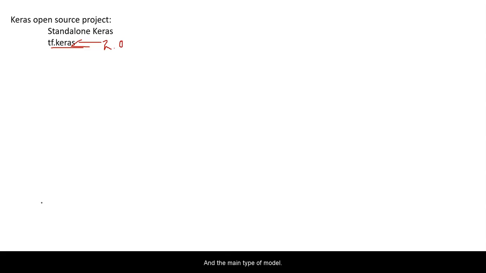The main type of model is a sequence of layers called a Sequential, which is a linear stack of layers. You create a Sequential and then add layers to it in the order in which you require the computations to be performed.